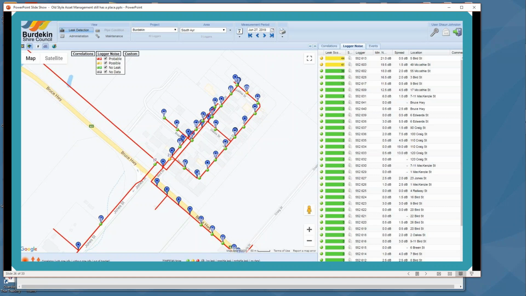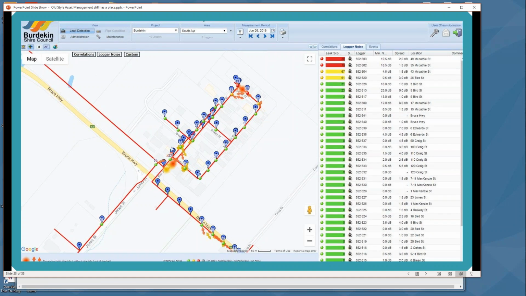So you can see how the readings do correlate to what's actually going on in the system. Obviously though, what looked like a leak down the bottom end of that block wasn't. It was an echo or someone using water at an unusual time on their service, and so it was giving us a false reading.